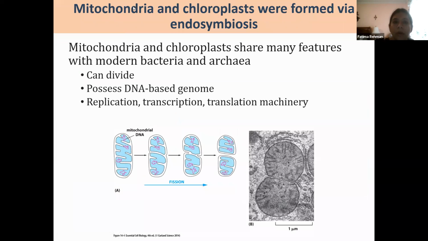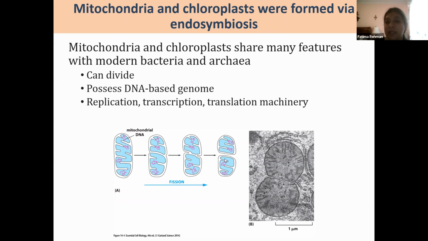Okay, so we have talked a little bit about that earlier as well. Because of these double membranes, that is one of the reasons we think that mitochondria and chloroplasts were formed through some kind of symbiotic relationship between a larger cell and a prokaryote that it ingested.